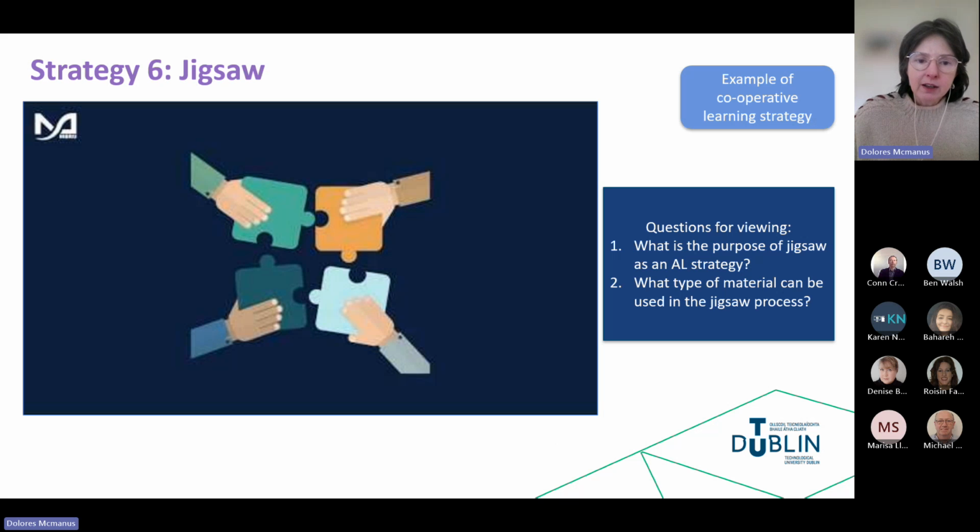And Jigsaw is very nice. There's a very good video there which will talk you through it, and I'll pause that. Really, it is about peer teaching. So students becoming familiar with one part of a topic and then teaching that little piece of the topic to other students in the class. It works in a round robin fashion, and students again move from group to group.